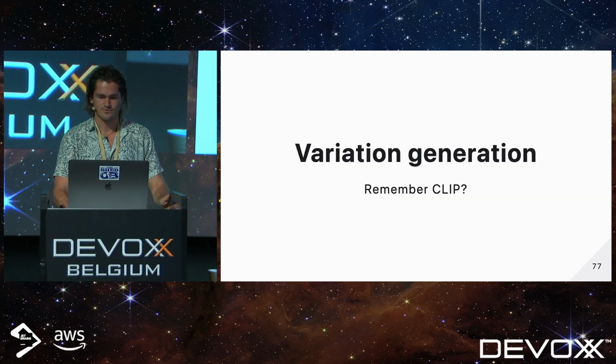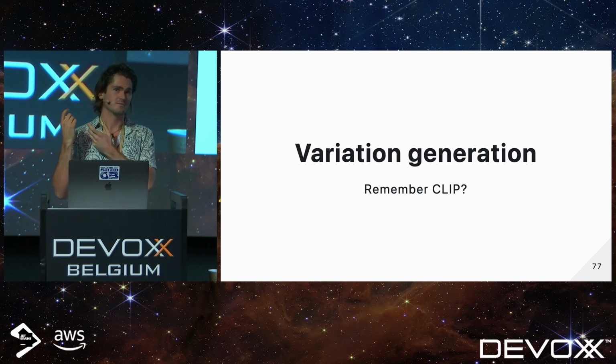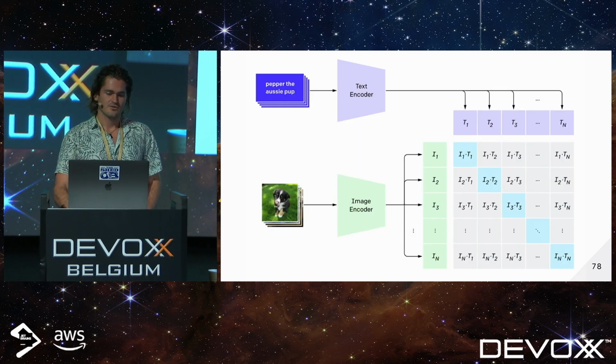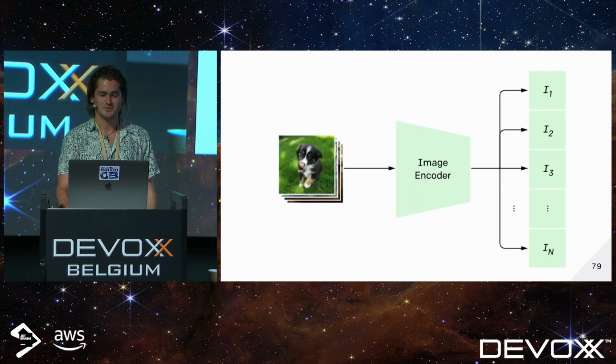But then also, right, what about variation generation? You might remember the pictures of the girl wearing the pearl earrings and how we got all the generations. So remember in CLIP, there's also this image encoder that has the same latent representation as the text encoder. So you don't even need to retrain another model to generate variations. You just switch the image and text encoder. They have the same latent representation, and you just switch it out.